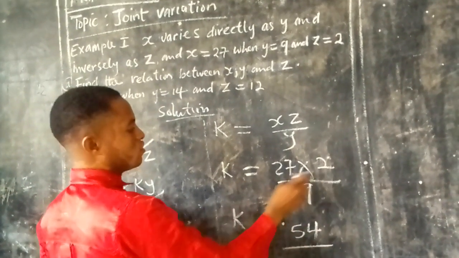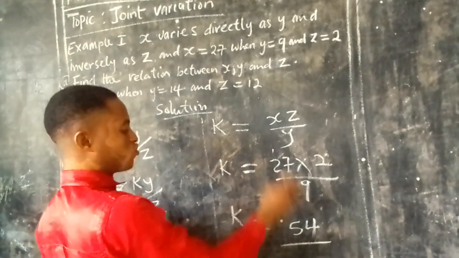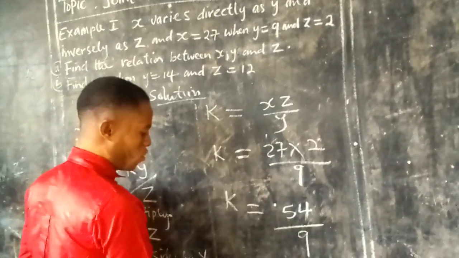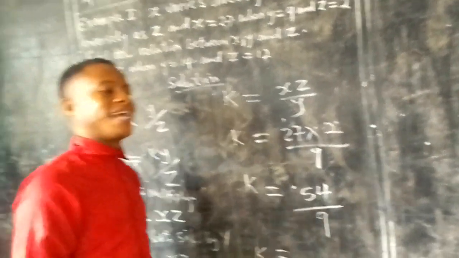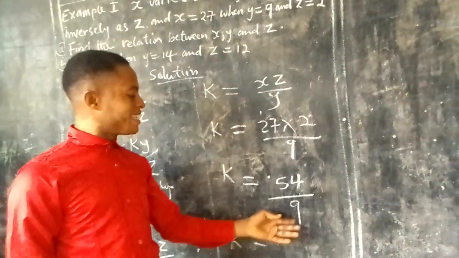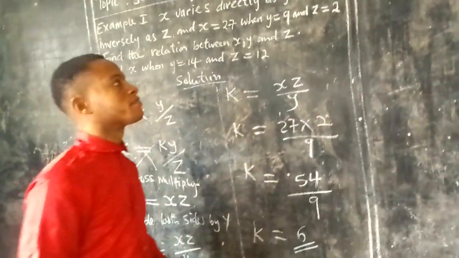How do I get it? 2 times 7, 14. I'll carry 1. 2 times 2, 4, plus 1, 5. All over 9. k will be equal to 54 divided by 9. That means how many 9s are inside 54? Or you can say 9 times what will give us 54? That is 6. 54 divided by 9 is 6.